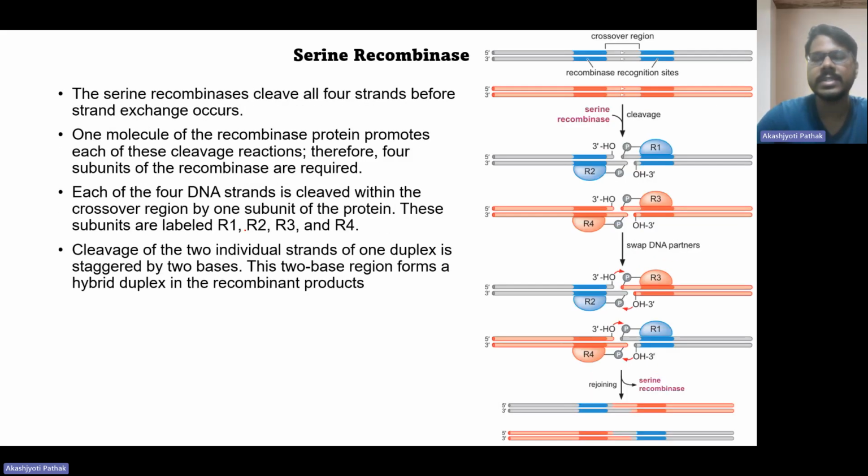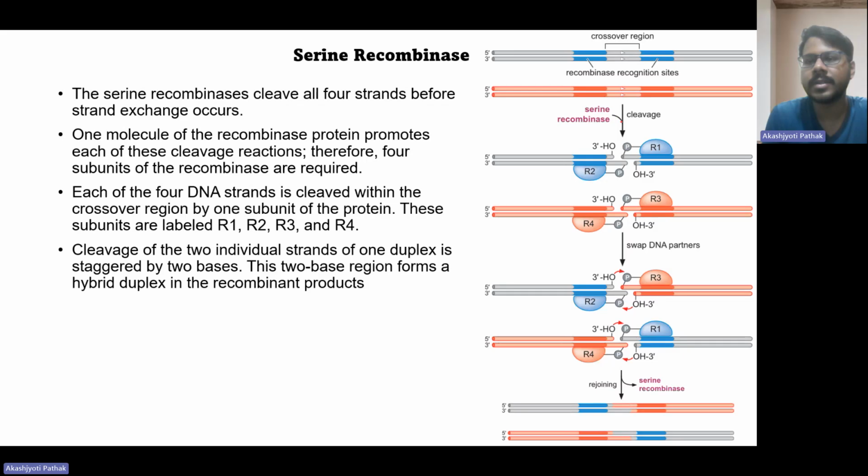Okay, so you can see here in this figure, look at this figure carefully. These are the recombinase recognition sites which are present in the two DNA molecules. Okay. So what happens? First, there is a cleavage. A cleavage will take place in the crossover region, which is the asymmetric region, and this asymmetric region is flanked by the recombination sites.